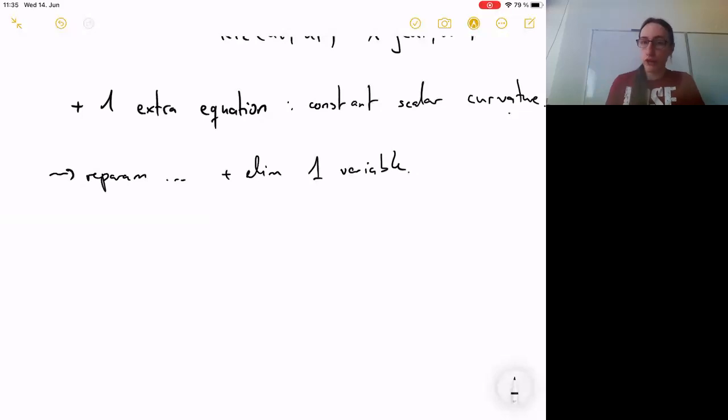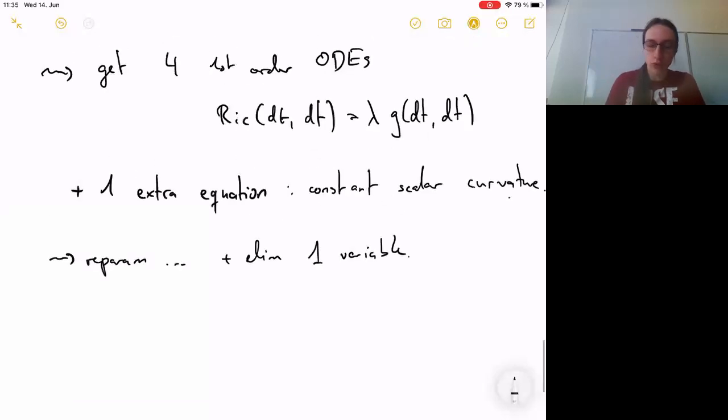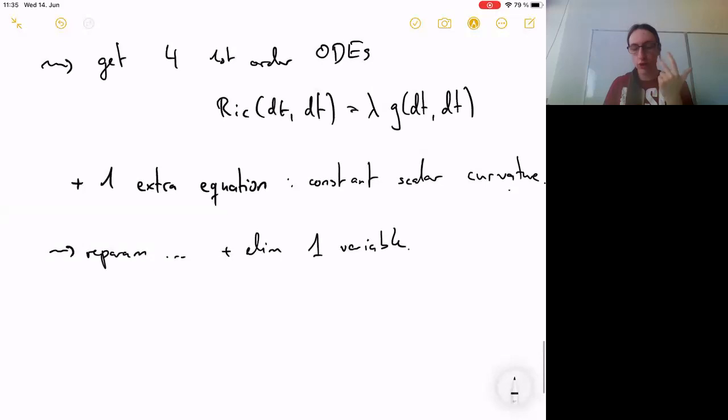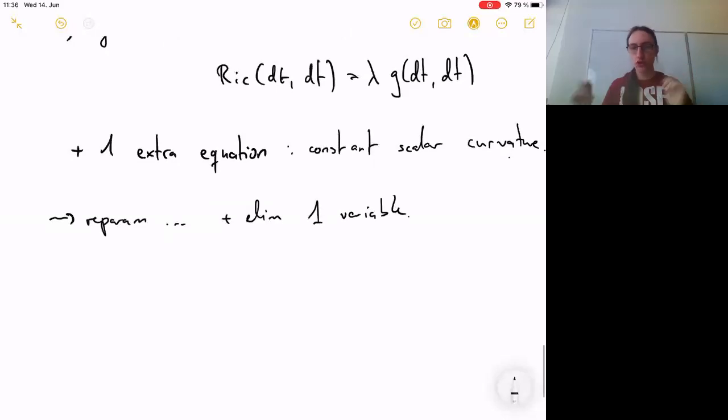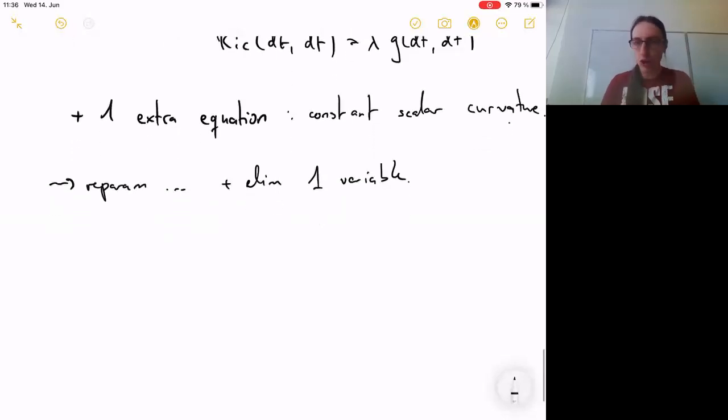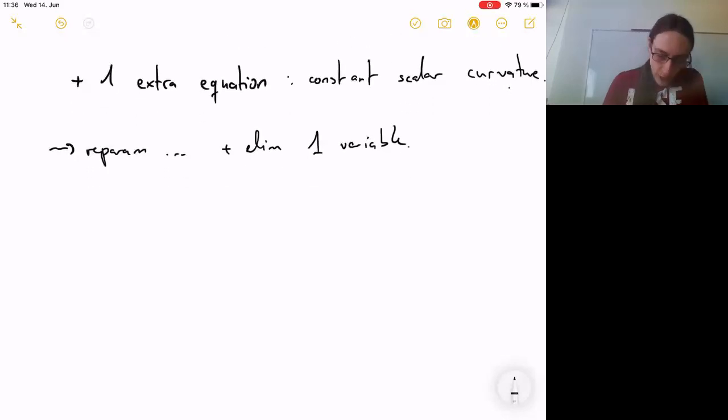And then I will actually draw this for you. If you eliminate one variable with the extra equation, you're going to get an ODE in 3 variables. So this should be drawable, in 3 dimensions. So I will draw your picture.